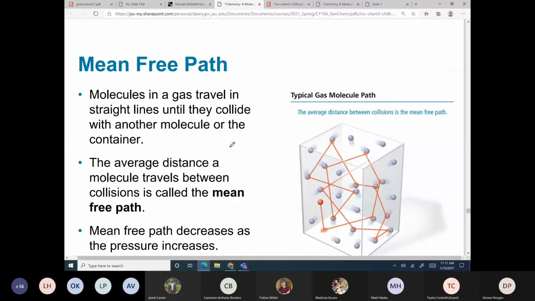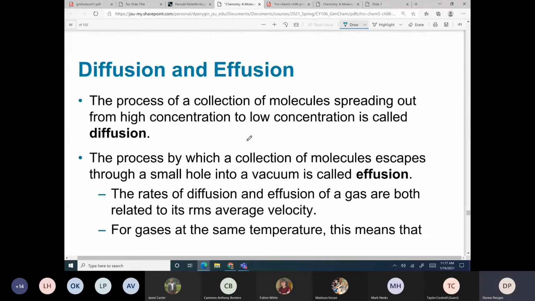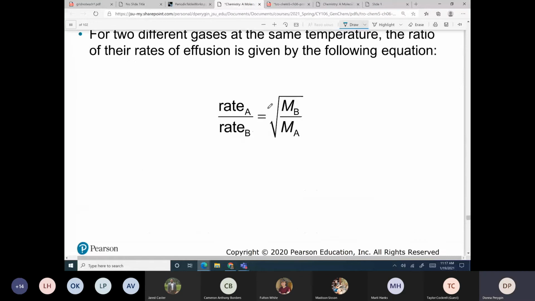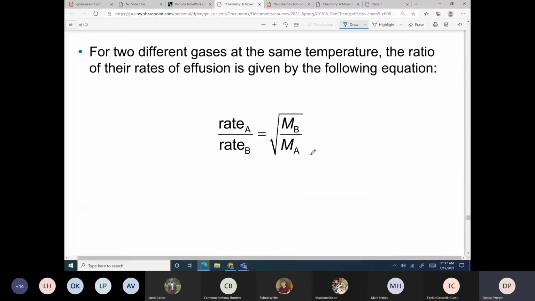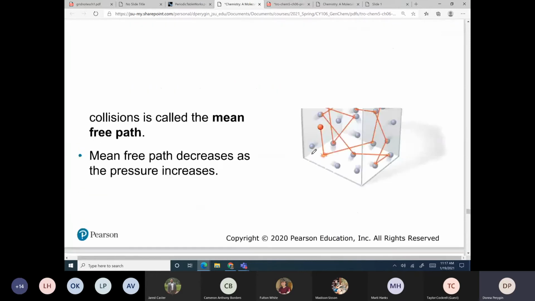All right, so mean free path, we're going to use this to actually help us do a calculation. We're going to be able to calculate the molar mass of a gas from this. So let's back up. I wanted you to kind of see where we're going with this.